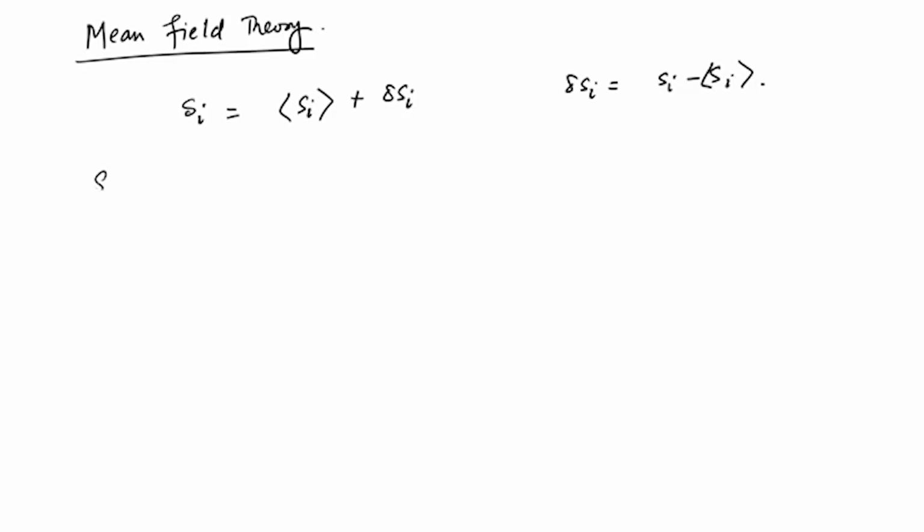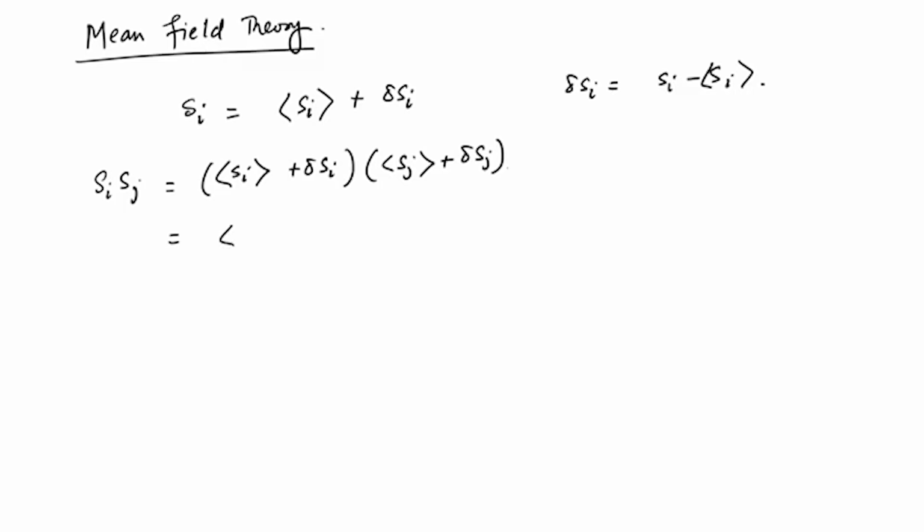So, we have a term like Si Sj. We are not writing Si and Si plus 1, because we have committed that this analysis is correct in any dimension. So, we write i and j instead of i and i plus 1, and this is equal to (Si average plus delta Si) times (Sj average plus delta Sj).